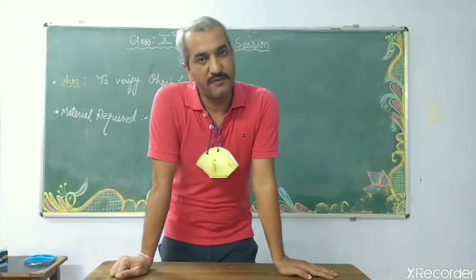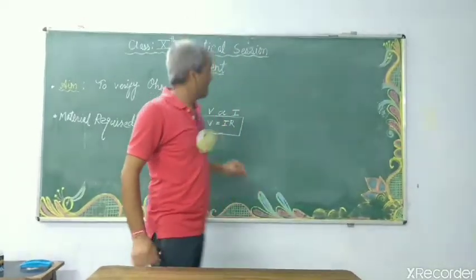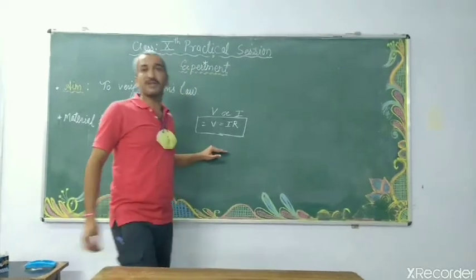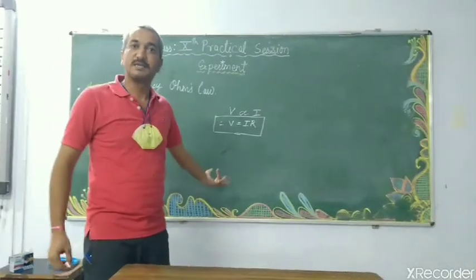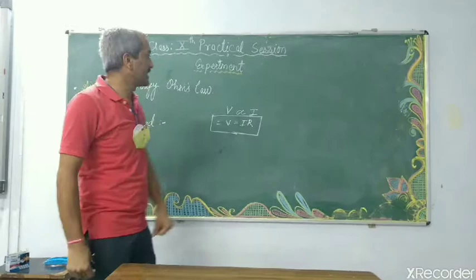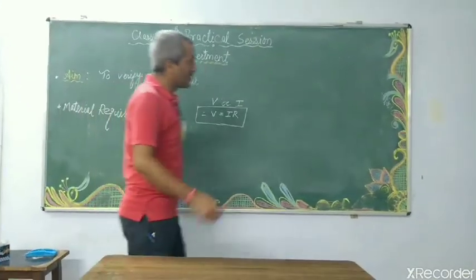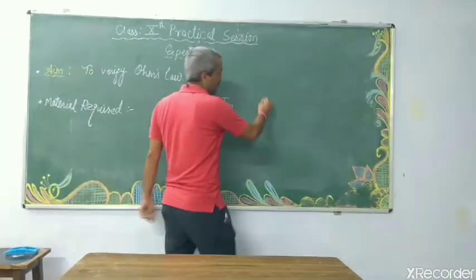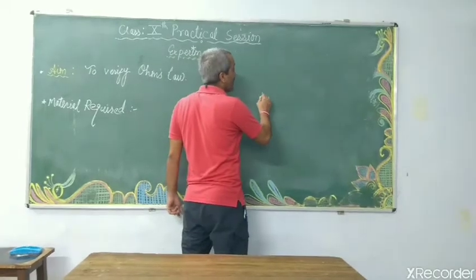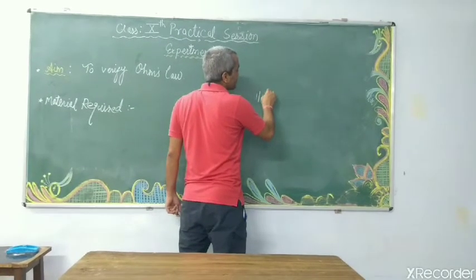I will show you the circuit, but in general just see the connection, and the next thing is the circuit diagram, how the circuit diagram will be formed. As we have discussed earlier, first of all we take a source of electricity.